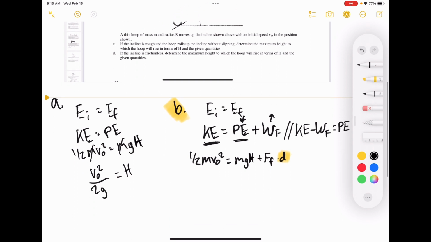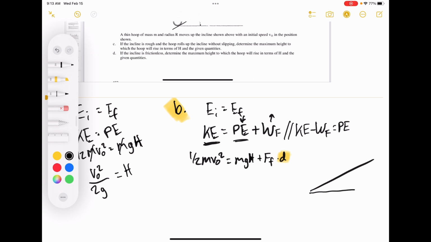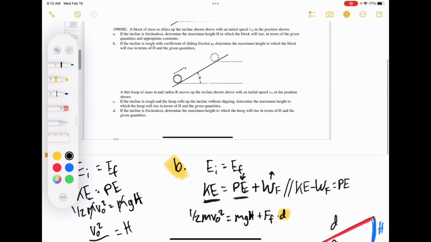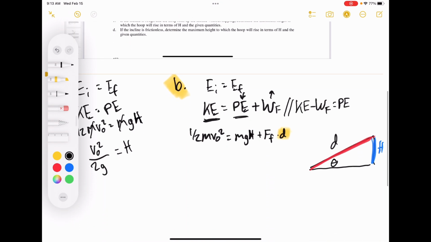So let's go ahead and draw a little triangle here. I'll move this out of the way. So I got a little triangle. Now my distance, that's sort of this right here, right? That's how far it's moving up the inclined plane. But I want it in terms of this h right here. So d is the hypotenuse, right? And then we also know that this is theta. That is a known variable, right? Theta is defined in the question, so that counts as a known variable.